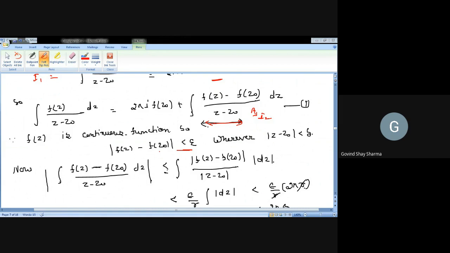Now we can divide both parts by z minus z0.